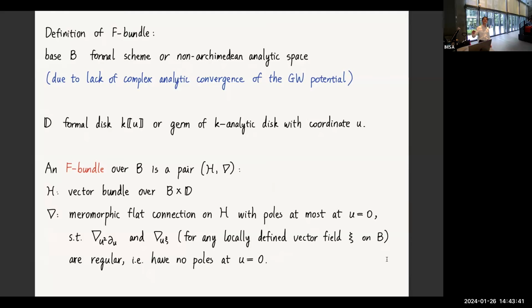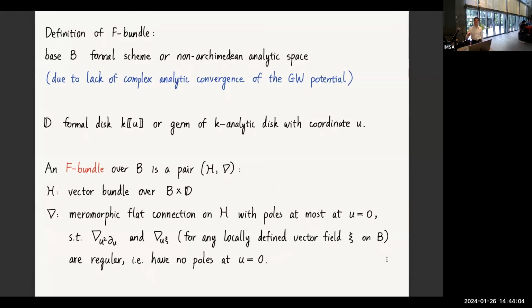roughly speaking, we want a second order pole at 0 in the U direction, and a first order pole in the B direction.